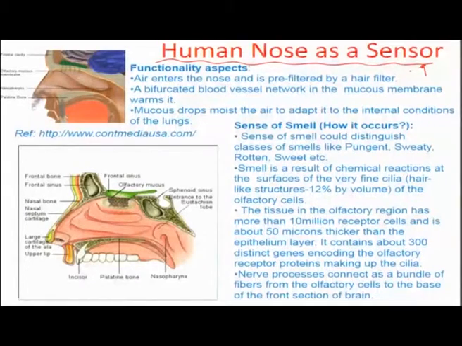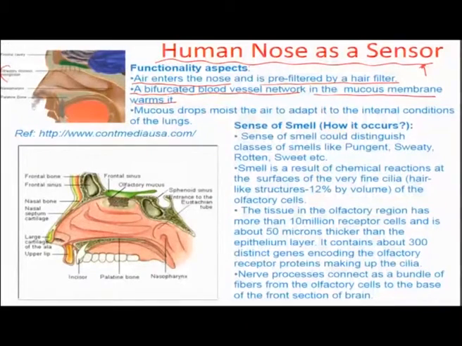Functionality wise, if we look at the different aspects of the human nose, air enters the nose and is pre-filtered by a hair filter, which removes foreign particles before conditioning the air for internal purposes within our body. The bifurcated blood vessel networks are particularly present in a mucous membrane located around the air tract.